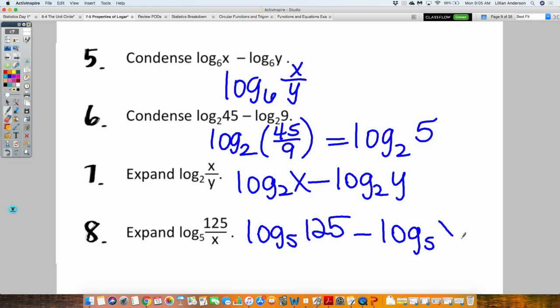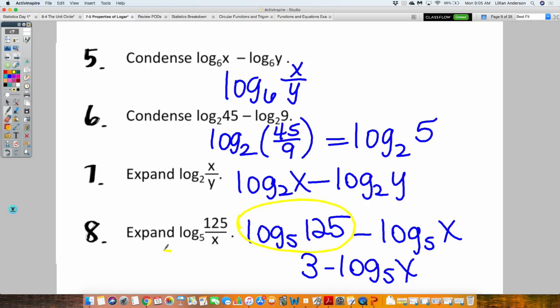Very good. Log base 5 of 125 minus log base 5 of x. Can you simplify the first part? Is 5 raised to a particular number 125? 3. So this actually becomes 3 minus log base 5 of x, because this whole expression of log base 5 of 125 does indeed turn into a 3.